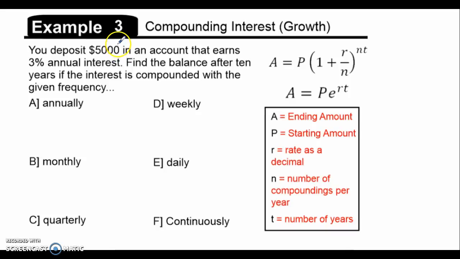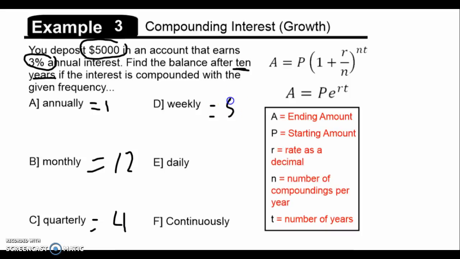All right, so here we are again. Here's your principal. Here's your annual interest. Number of years, 10 years. So let's just go through here. Annual will equal 1. Monthly is 12. Quarterly is 4.